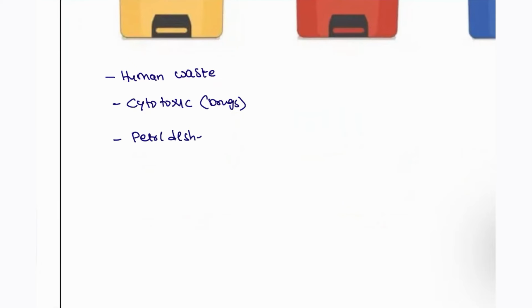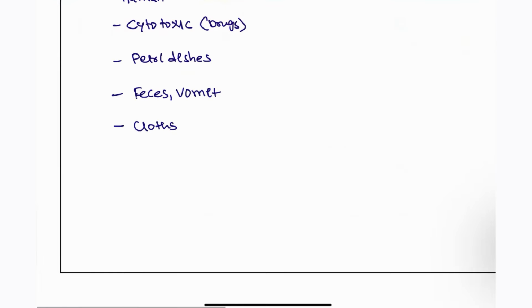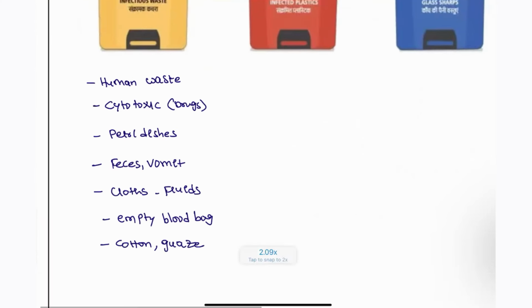Okay, microbiology petri dishes can be used. Next, feces, vomiting, and also clothes which are attached to body fluids can also be thrown. An empty blood bag, and cotton, gauze will also be thrown in the yellow one.